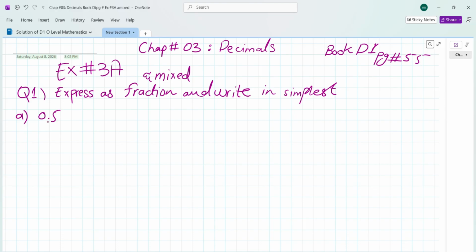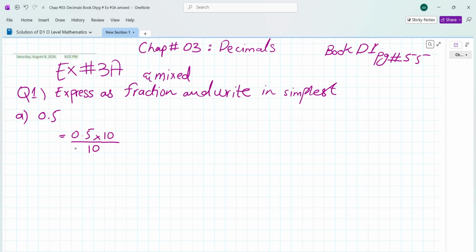So what we have to do is write this number in fraction form, and if it is possible, also write it in mixed form. It is so simple, because to convert this decimal into a fraction, I multiply 0.5 by 10 and divide it by 10 as well.